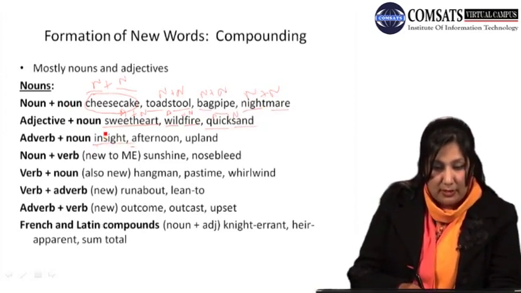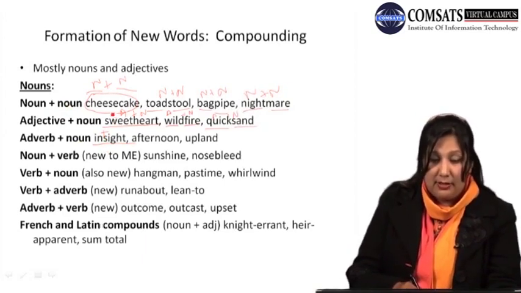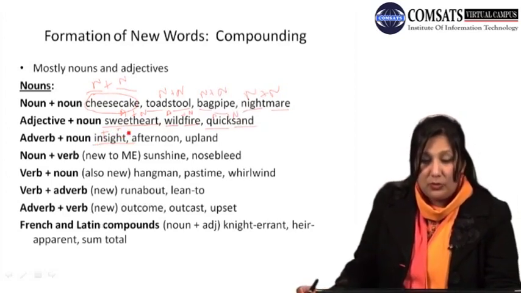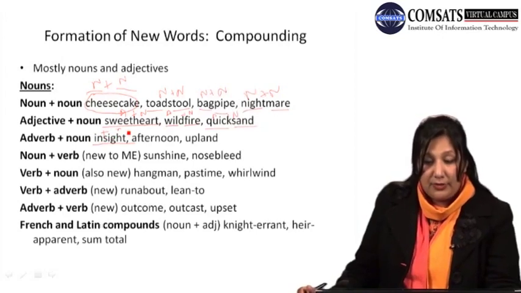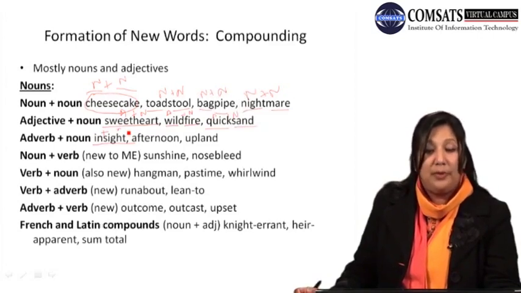Insight is a combination of in plus sight. In is an adverb that is enhancing the qualities of a noun, so it is adverb plus noun. Afternoon: after is an adverb, whereas noon is a noun. So afternoon is adverb plus noun.